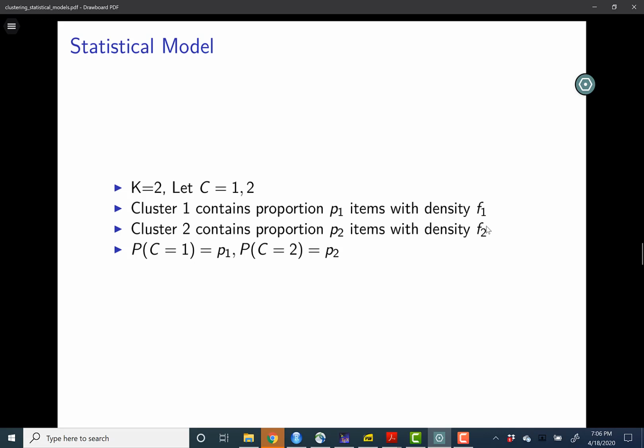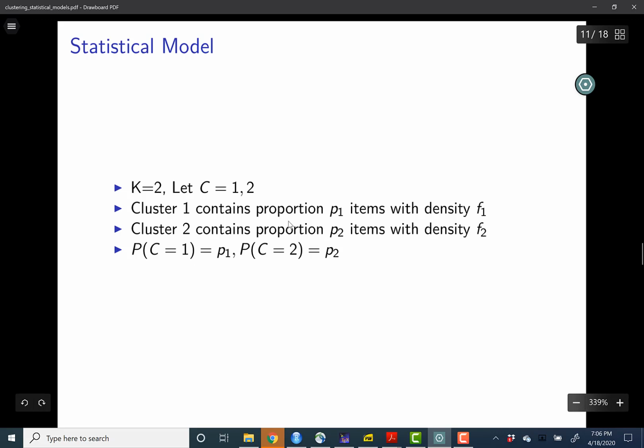I'm talking about the first normal example that we saw. And C is a variable. Probability that it takes value 1 is P1, because P1 proportion of items are in cluster 1. Probability that it takes value 2 is P2, because P2 amount of items are in cluster 2. So this is the simplified setup of this entire clustering problem.